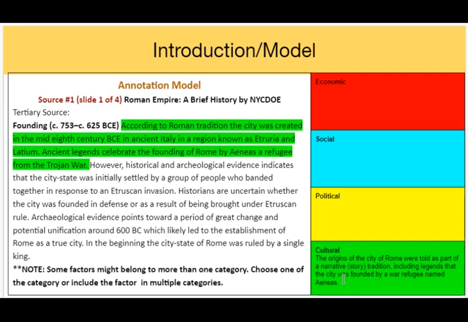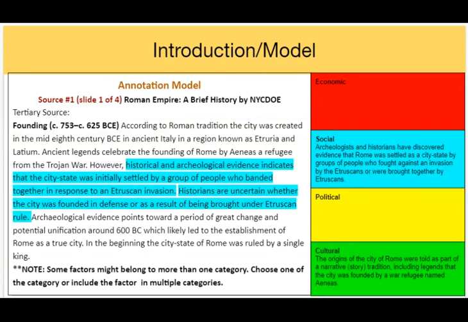I explained it, and I wrote the origins, the place where Rome came from. Actually, I didn't write it. Some really wonderful person for social studies at the city of New York wrote it, but this is how I would have written it. The origins of the city of Rome were told as part of a narrative. It's a tradition and includes legends that the city was founded by a war refugee named Aeneas. So this is part of the culture that's telling you the background, where this came from, okay?